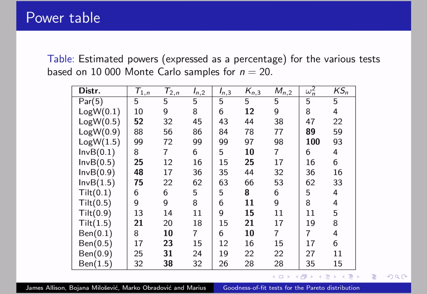To conclude this talk, we will be showing some of the estimated powers for various tests against some of the alternatives in script G. Here, omega squared n and KSn are the traditional Cramér-von Mises and Kolmogorov-Smirnov tests respectively. This table shows us the estimated powers for the various tests based on 10,000 Monte Carlo samples for sample size equal to 20.